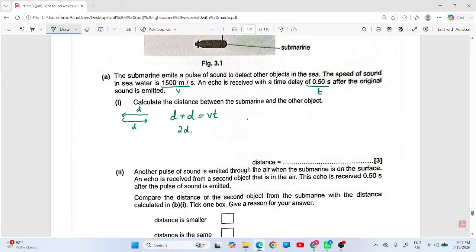So d equals 1500 multiplied by 0.50 divided by 2. Let's check. 1500 multiplied by 0.50 divided by 2 is 375.